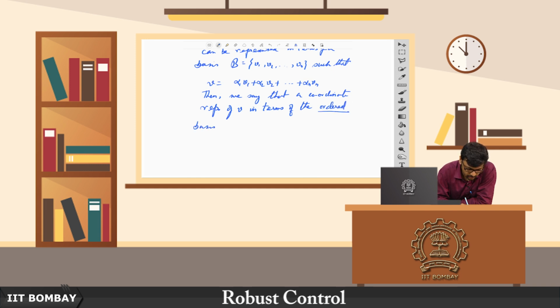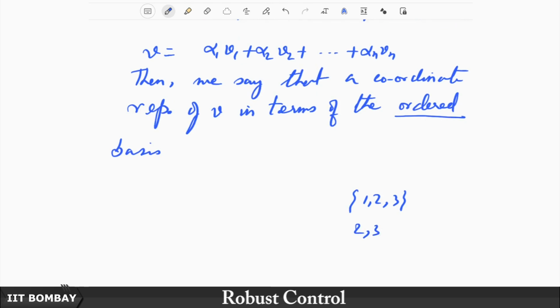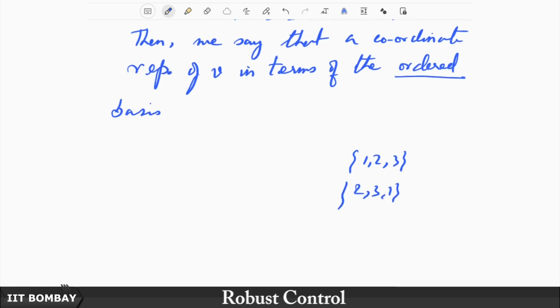So far I have just been talking about basis, now I am introducing this notion of ordered basis. When you just give a set of numbers, let's say 1, 2, 3, and you don't put any order on the numbers, then I have written the set as 1, 2, 3, you write the same set as 2, 3, 1, and somebody else writes the set as 1, 3, 2, all sorts of permutations. These do not matter, these are still the same set after all, right.